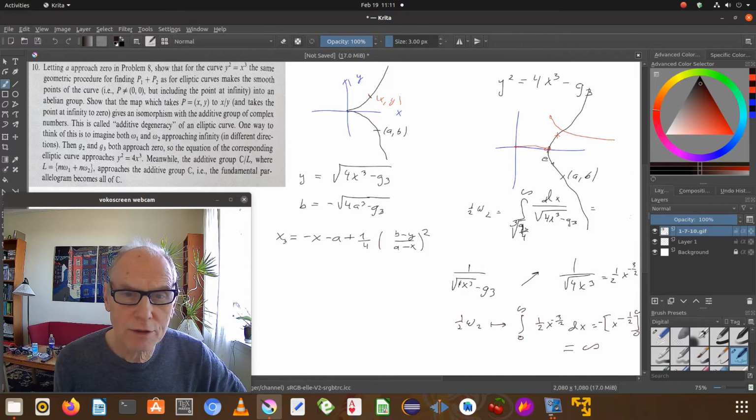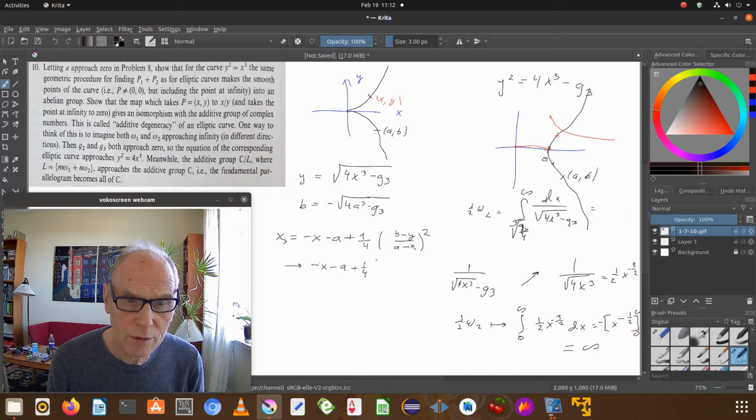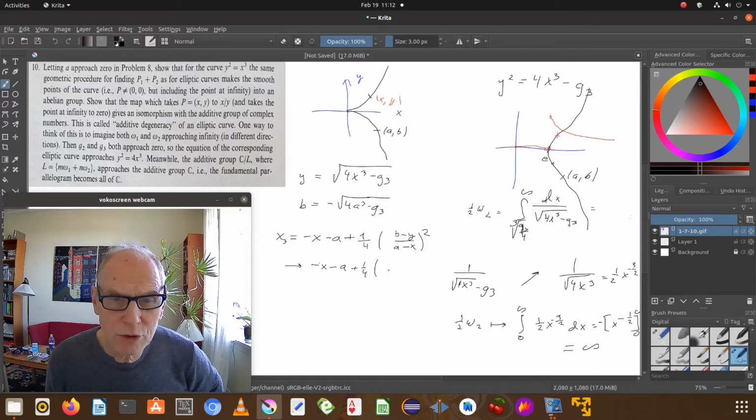And as g3 tends to naught, the limit is clear. This is 2, the x value, that's just x. And then b, that tends to minus 2.